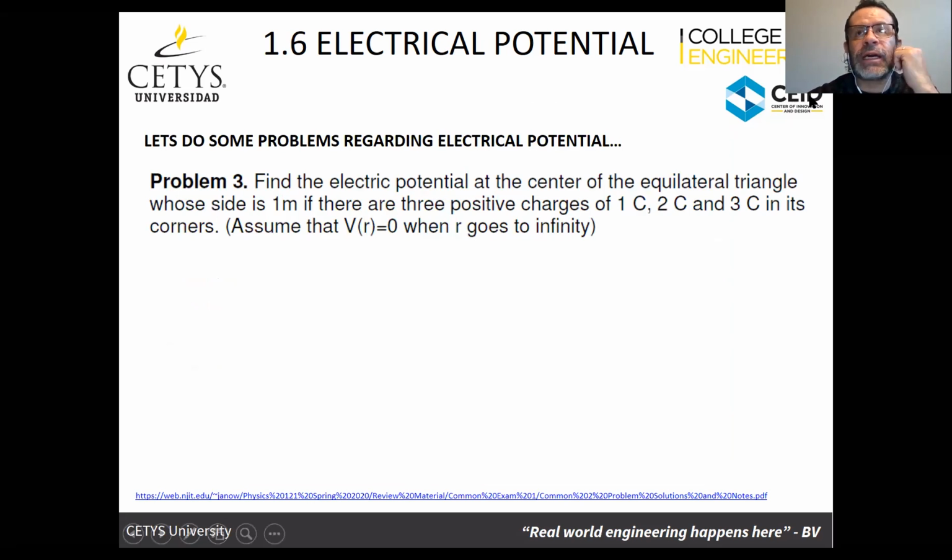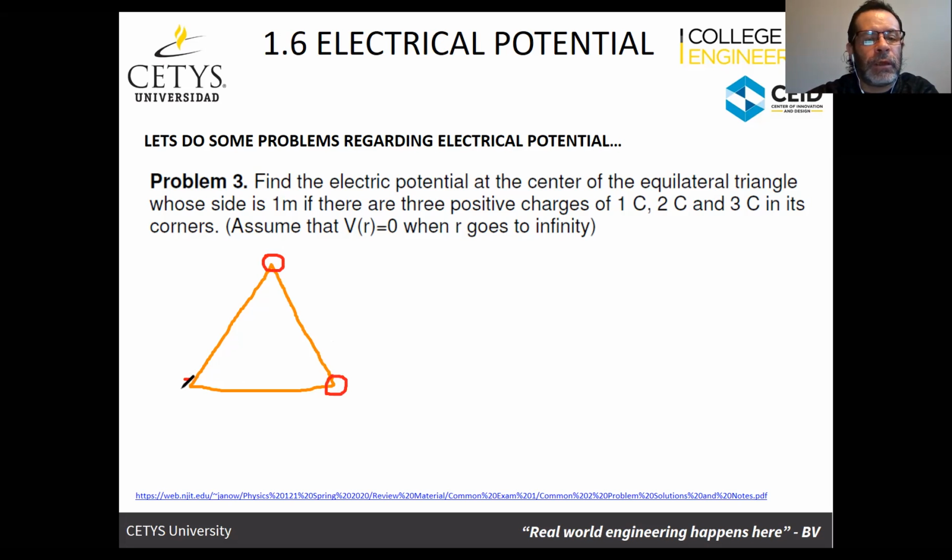It says, find the electrical potential at the center of an equilateral triangle whose side is 1 meter, and there are 3 positive charges of 1 coulomb, 2 coulombs, and 3 coulombs in its corners. Okay, so we've got an equilateral triangle, and in this equilateral triangle we've got 3 positive charges.